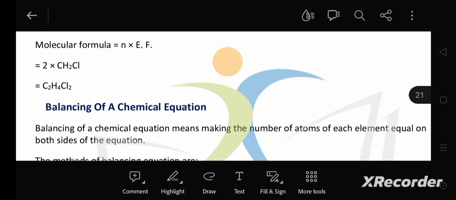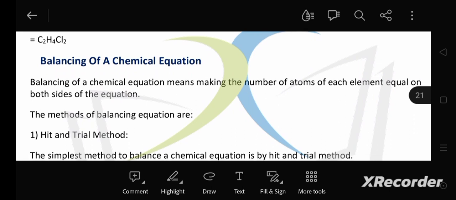Now after calculating this, we have to balance a chemical equation. How can I balance a chemical equation? Balancing a chemical equation means making the number of atoms of each element equal on both sides of the equation. Why do we balance the equation?